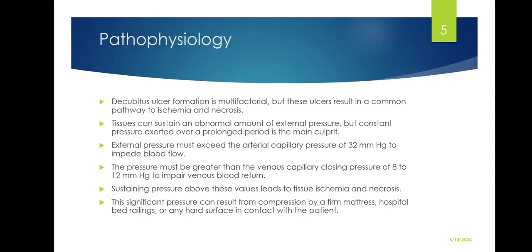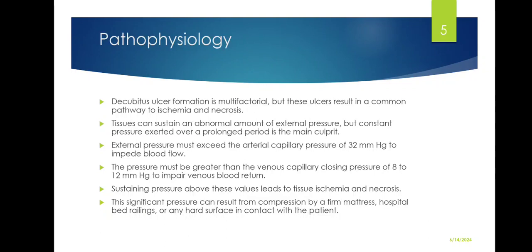When we talk about the pathophysiology, decubitus ulcer formation is multifactorial, but these ulcers result in a common pathway that leads to ischemia and necrosis. Tissues can sustain an abnormal amount of external pressure, but constant pressure exerted over a prolonged period is the main culprit. External pressure must exceed the arterial capillary pressure, which is 32 mm mercury, to impede blood flow.